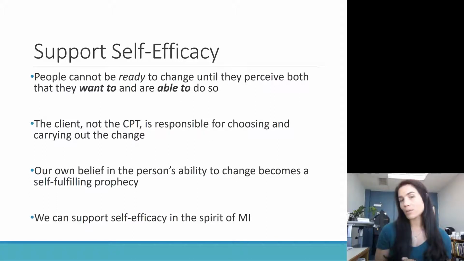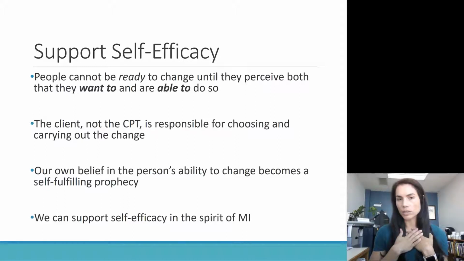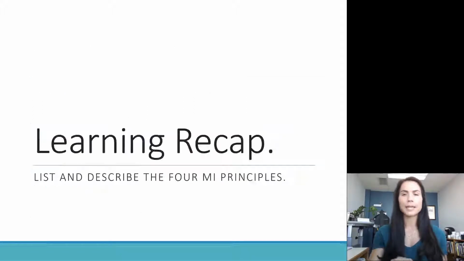Our own beliefs in the person's ability to change become a self-fulfilling prophecy. So essentially what this says is if we as a coach don't believe in our own client's ability to make change, then likely it won't happen. So it needs to earnestly and genuinely come from you. And we can support self-efficacy in the spirit of MI by doing that, okay?